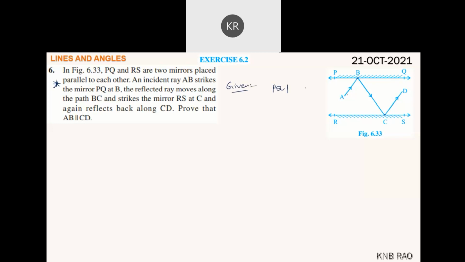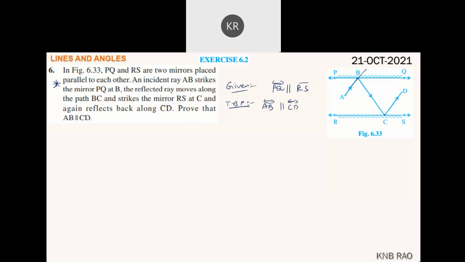We will take AB as a transversal. To be proved: AB is parallel to CD.